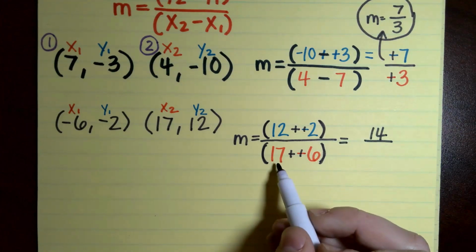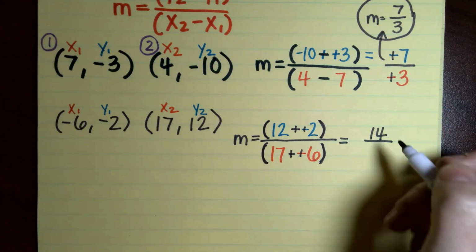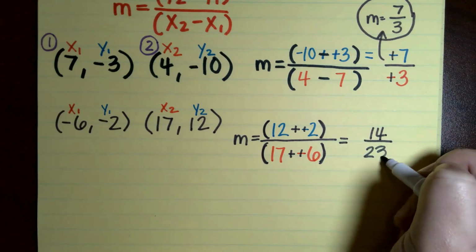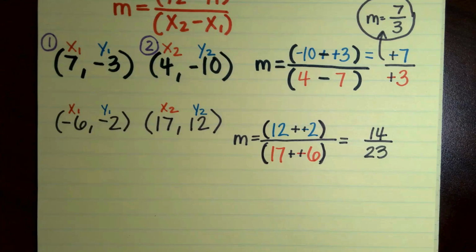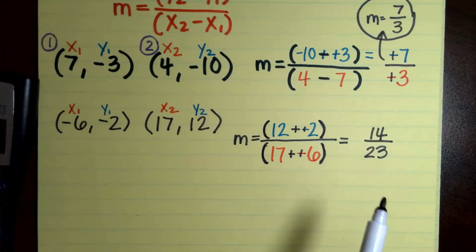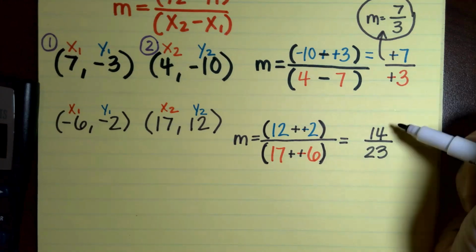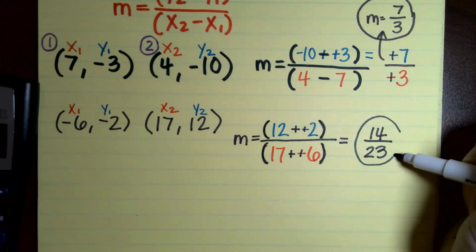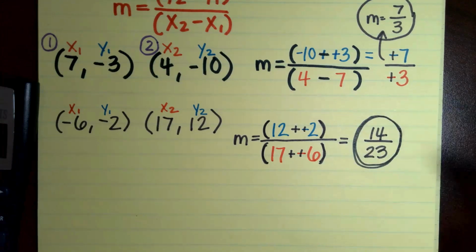What is 17 plus 6? 23. All right, guys, our slope of the line that goes through these 2 points is going to be 14 over 23. Awesome. Any questions about that one? Let's do one more together, and then I'm going to have you practice some on your own.